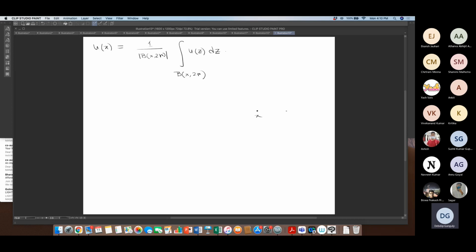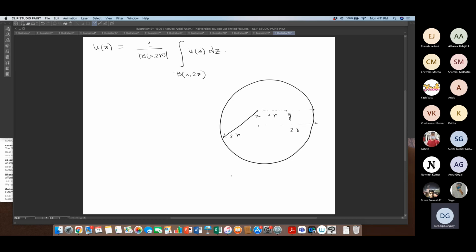Here is your x, here is your y. This distance is less than r. You take this distance as 2r. You take a ball of radius 2r, centered at x.